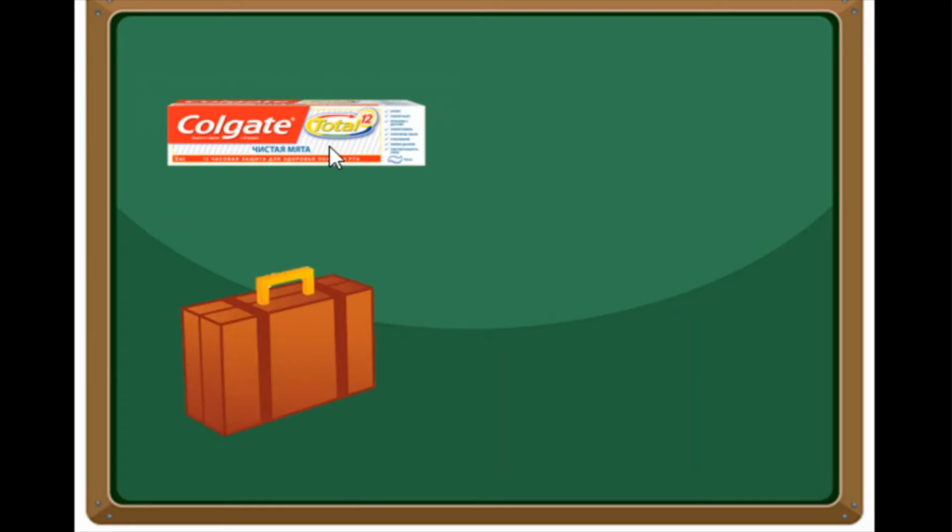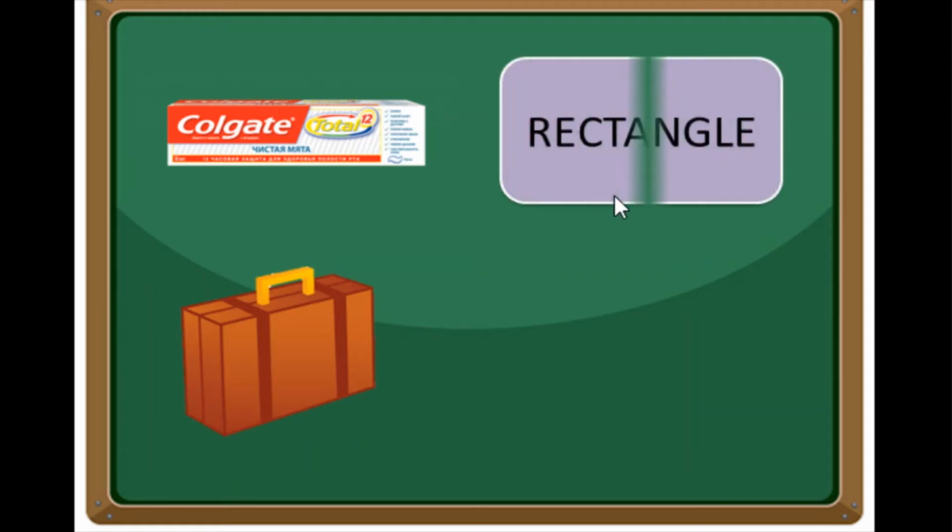The first picture over here is a box of toothpaste. Is it a square or a rectangle? Awesome! It is a rectangle. You got it right.